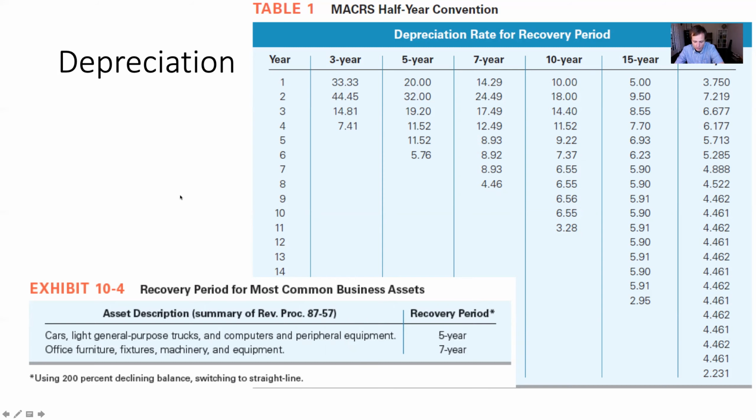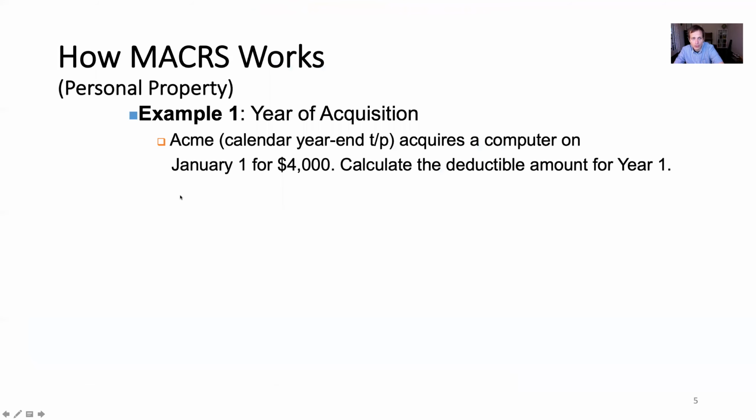All right, so let's do an example with these. If Acme buys a computer on January 1st for $4,000, calculate their deduction for depreciation for year 1. So $4,000 is my initial basis. This is personal property, and there was nothing placed in service in the fourth quarter.